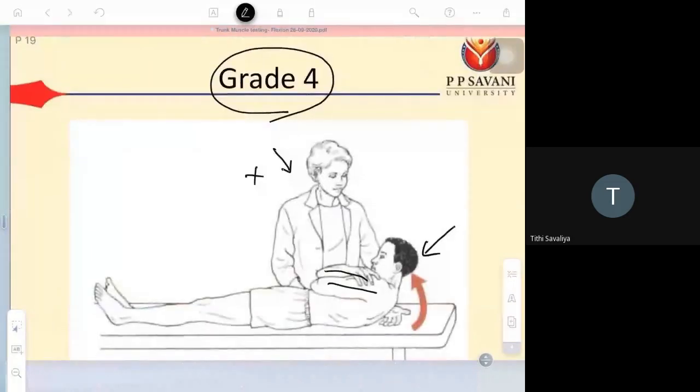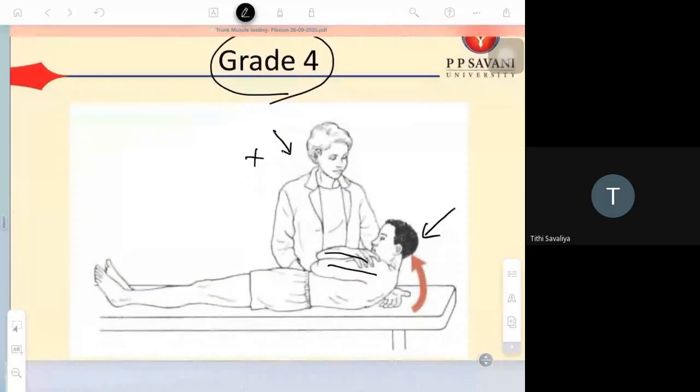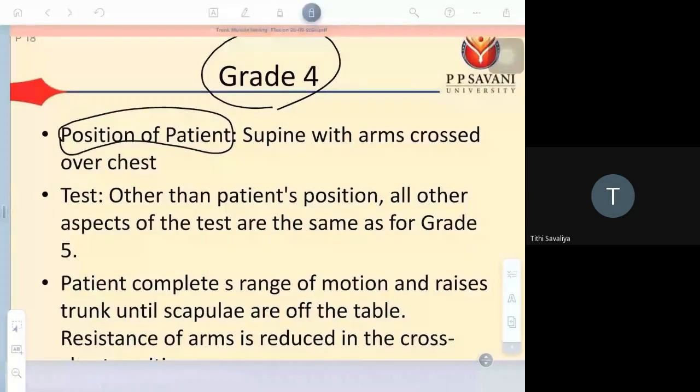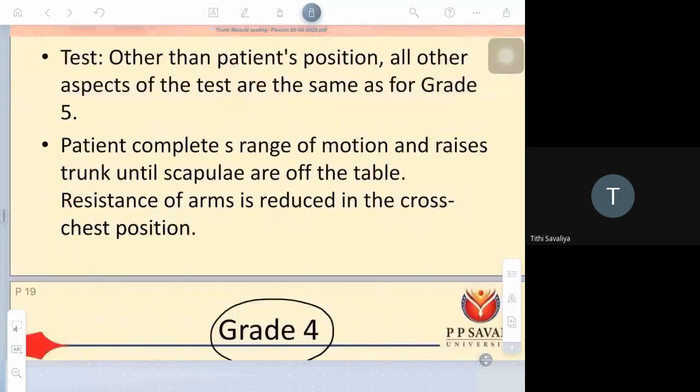Clear? So now, position of the patient: supine with arm crossed over the chest. And rest are same. Instruction what you will give? You will ask the patient to curl up. If patient completes range of motion, raises the trunk until the scapula are off the table, again it is same. Now the resistance is reduced.